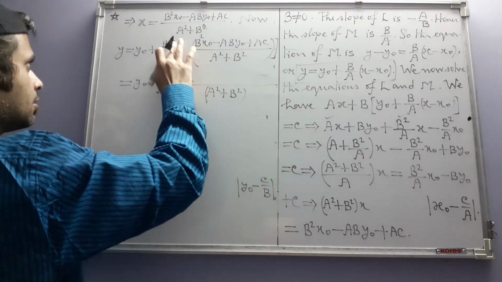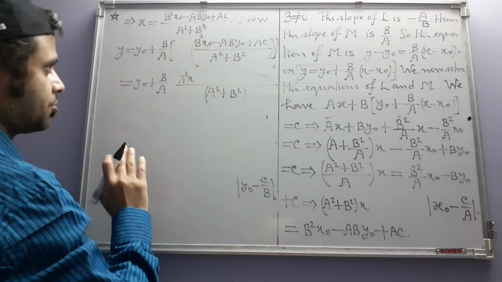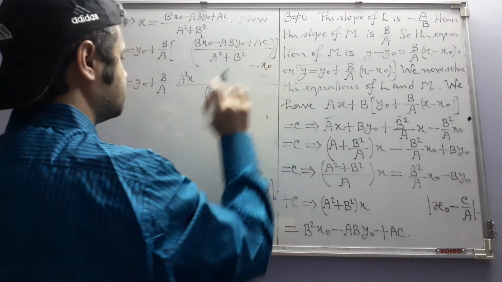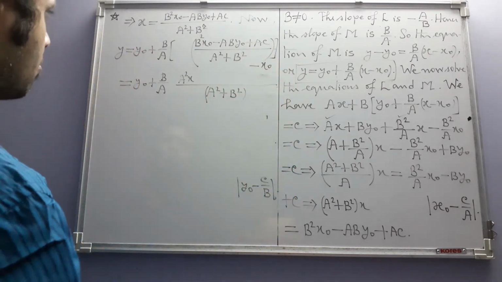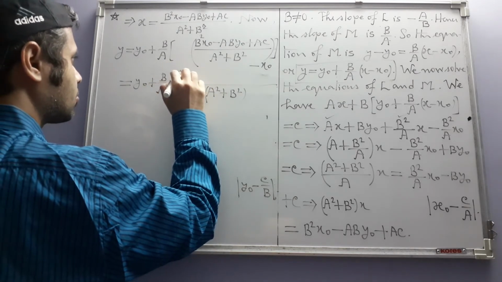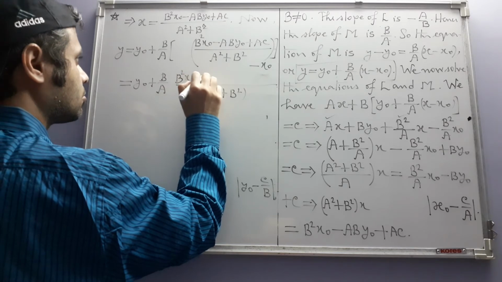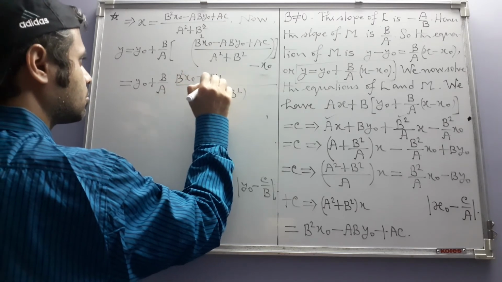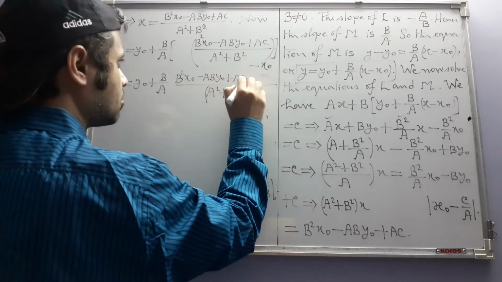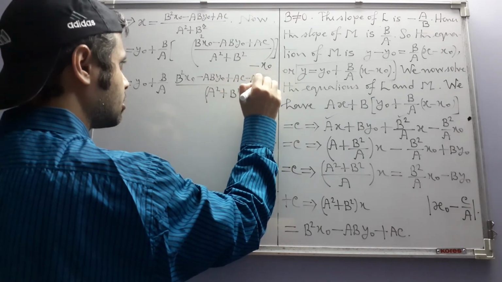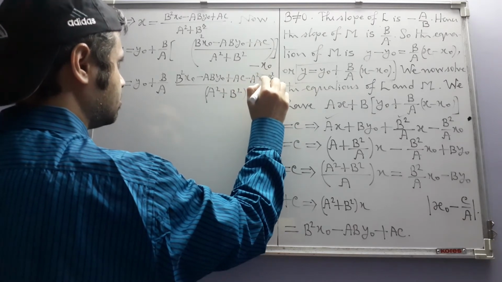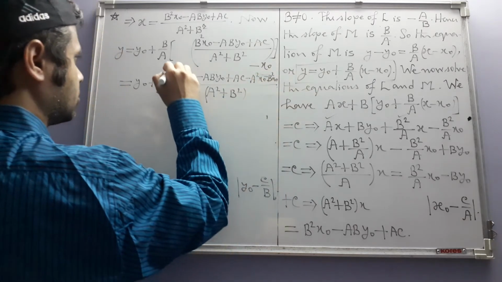I am putting this expression for x, so it is this minus x naught. Minus a square x naught minus b square x naught.